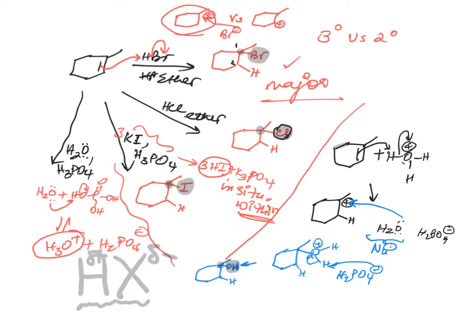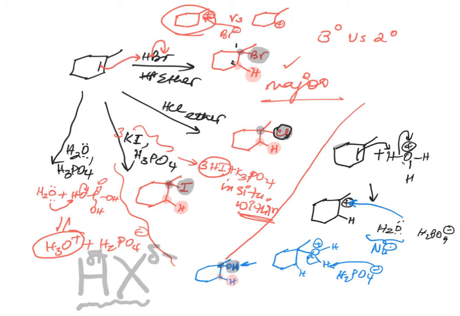The positive hydrogen, on the other hand, stayed on the less substituted end. Same goes in the case of HI, same goes in the case of water. Long story short, there is a pattern that the negative end goes to the more substituted carbon, and the hydrogen goes to the less substituted carbon, or in other words, the carbon that holds more hydrogen atoms.